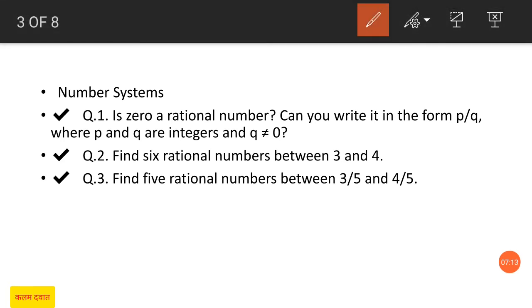Find 5 rational numbers between 3 upon 5 and 4 upon 5.